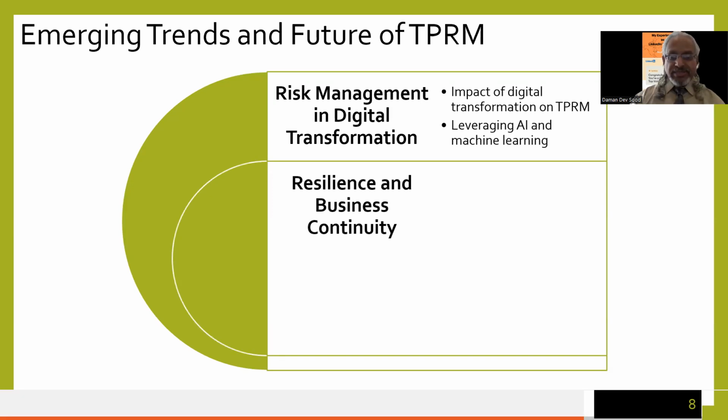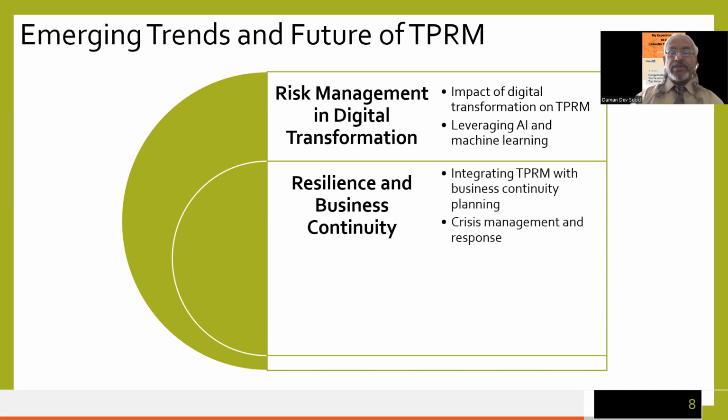Need to talk of resilience and business continuity going hand in hand. So we need to integrate TPRM with business continuity as well as crisis management and response. There is a possibility that I go down, my organization goes down. So my business continuity program, my resilience program will be handy.